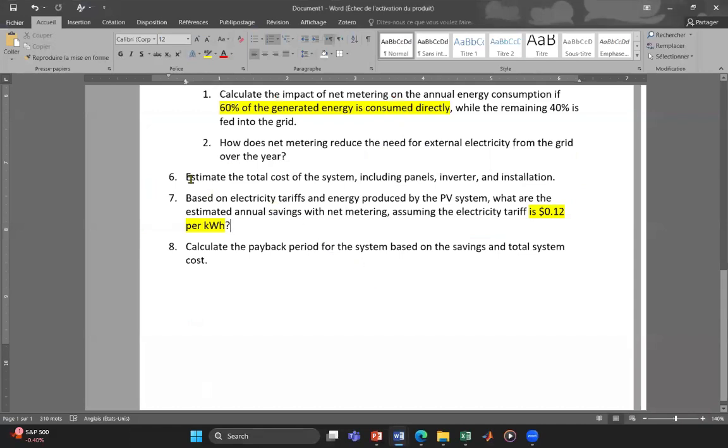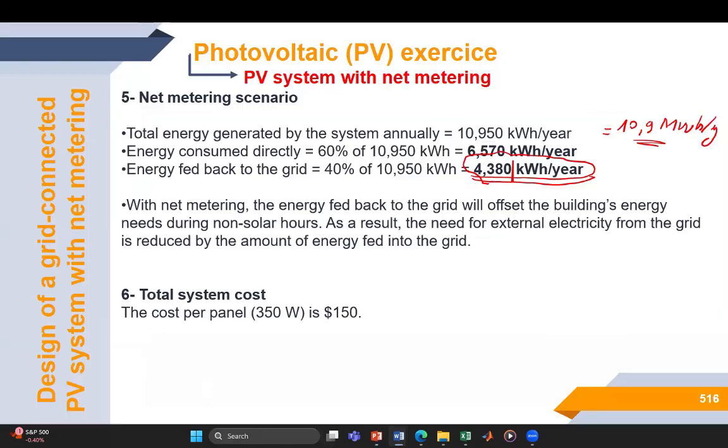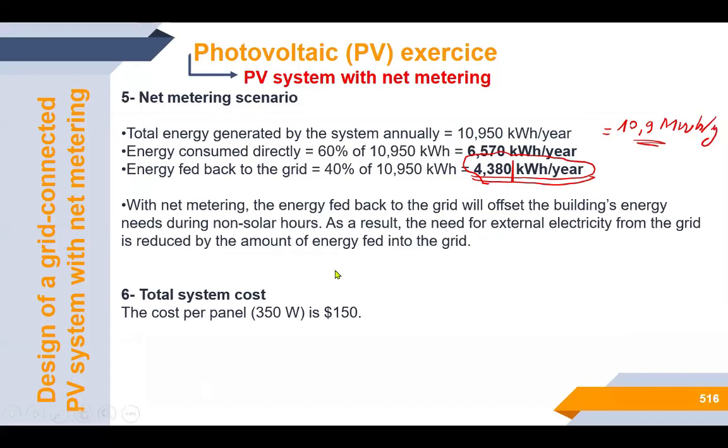Okay, we have question number 6 before question number 7, which is to estimate the total cost of the system. Sorry, so let's start with the first question, the total system cost.